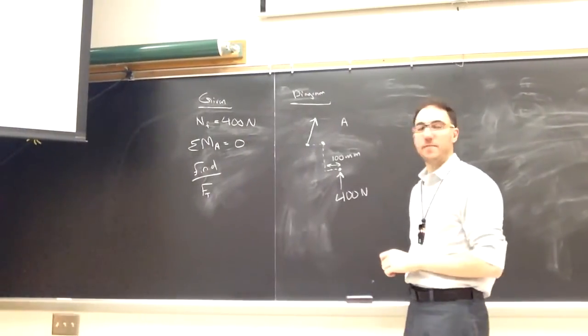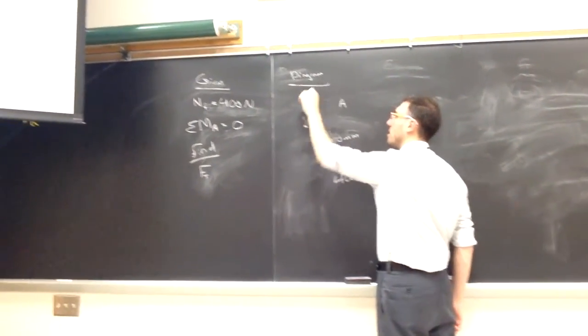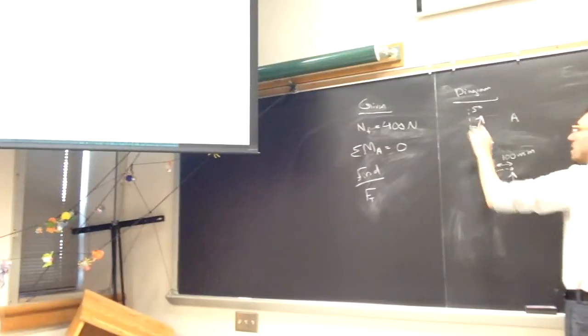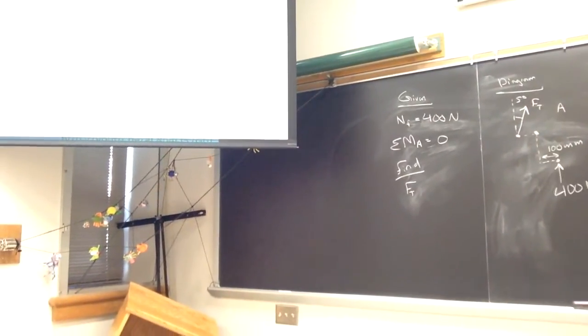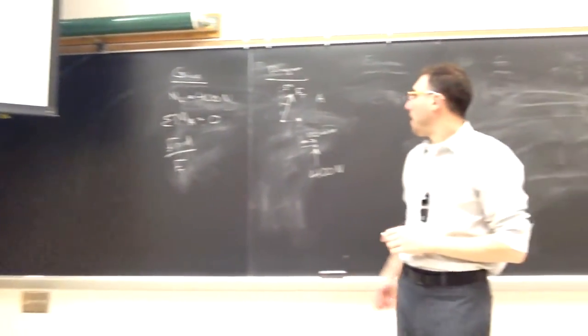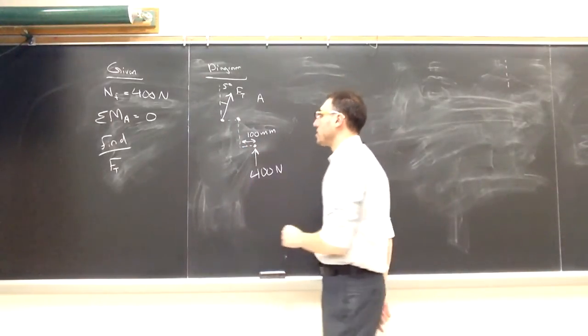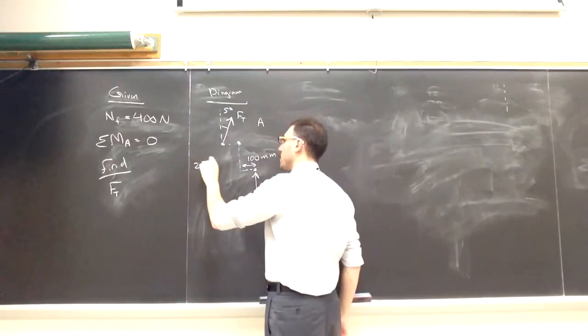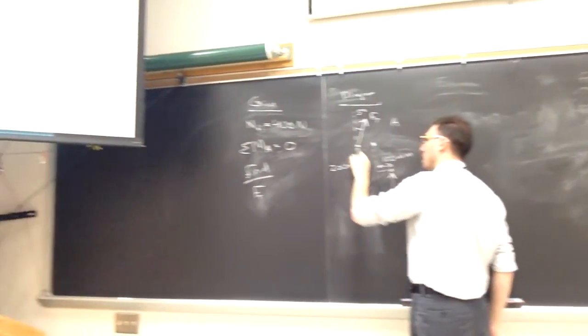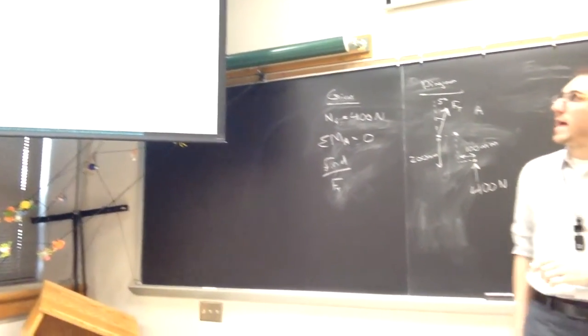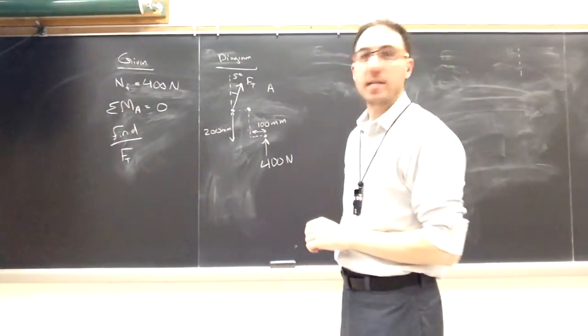I'm being told that's 5 degrees from the vertical. And I don't know what its value is, that's what I'm trying to find. But I know how far away from A it is acting, or at least I can tell it's 200 millimeters above the ground. And to the left of point A, it's going to be 65 millimeters.